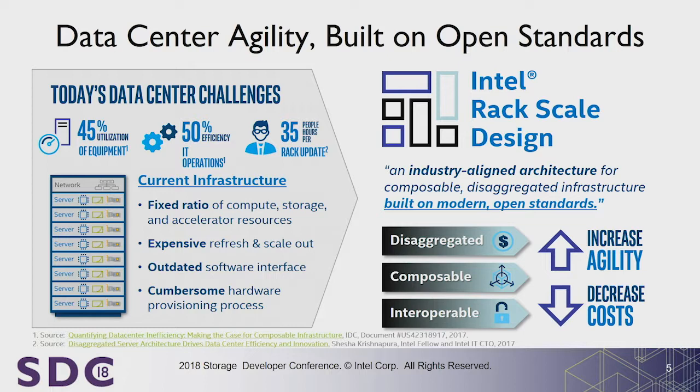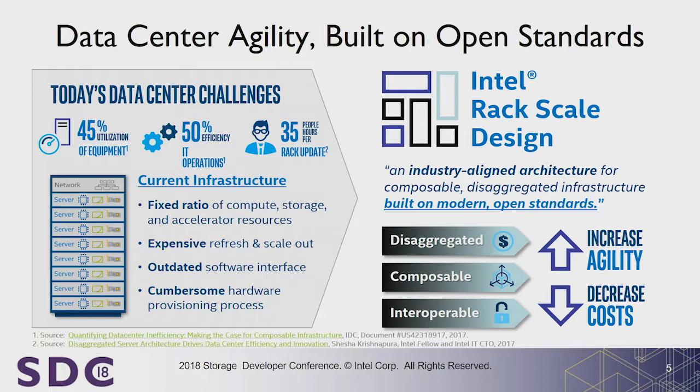This was also already stated in the sources that we provide here. Most of the challenges are the utilization of equipment and the inefficiency of IT operations, with 35 people hours per rack update in each data center on average.